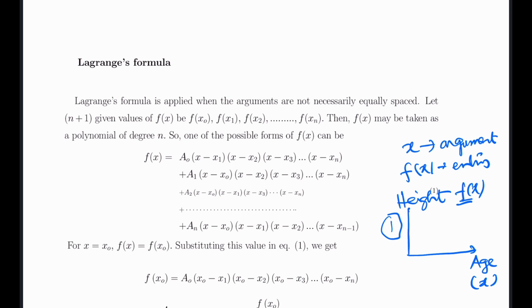So we have to find the value of the constants a0, a1, a2, a3 up to an. So let us first consider x equal to x0. Then fx will be equal to fx0. If you put this value in equation 1, what do you get?